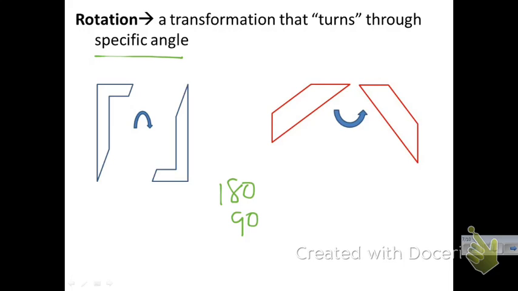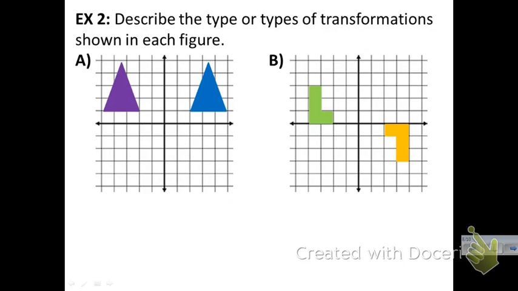Sorry about that. All right, or we have 270, and those will probably be the major degrees of rotation that we will talk about. Okay, so example 1 says describe the type or types of transformation shown in the figure. Here we can say it has been reflected over the y-axis, so we have a reflection.